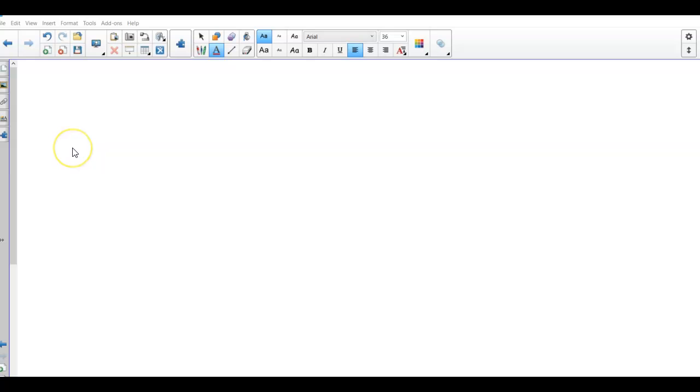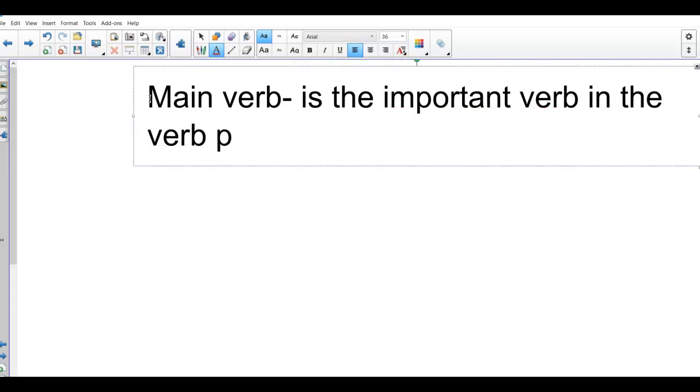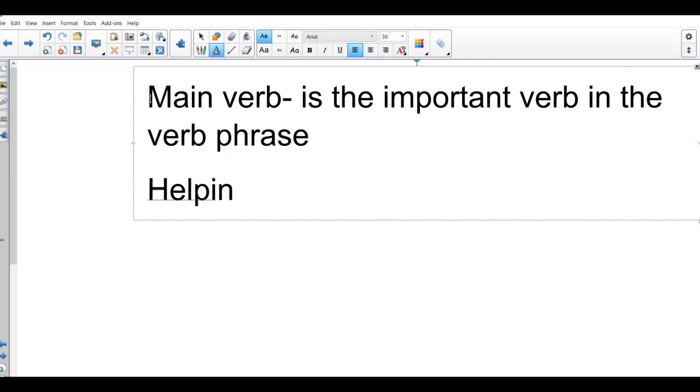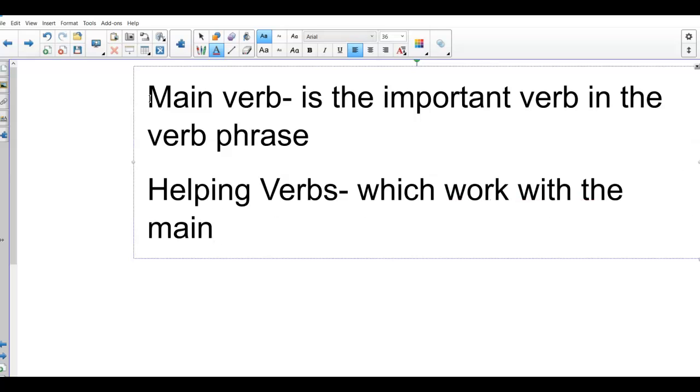Okay, so a main verb is the most important verb in a verb phrase. The helping verb works with the main verb to tell about an action. So you have main verbs, which is the most important verb in the verb phrase. And then you have helping verbs, which work with the main verb.